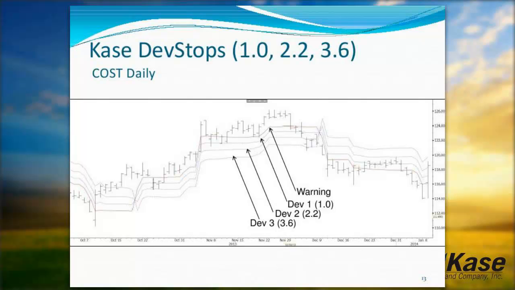And Dev 3 is the furthest down, or the lowest. The way that we control that, very simply, is the 10 and the 21 period moving average. I cannot stress to you how meaningless that 10 and 21 moving average actually is. It's just the way that we control the flipping of the stops.